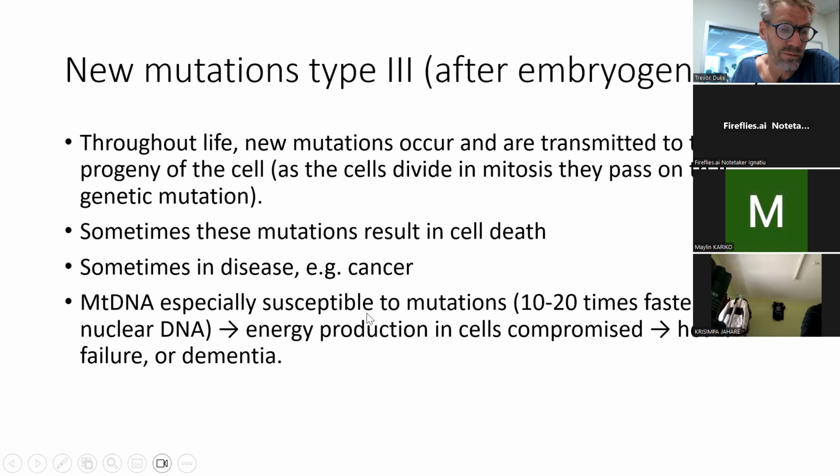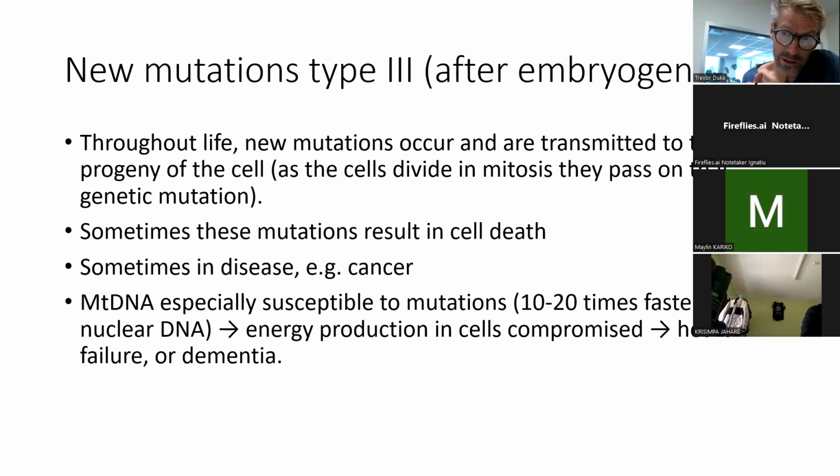I mentioned before that mitochondrial DNA is especially susceptible to mutations. Remember I said that mitochondrial DNA is really heavily involved in energy production within cells. It produces ATP for the Krebs cycle and for aerobic metabolism.